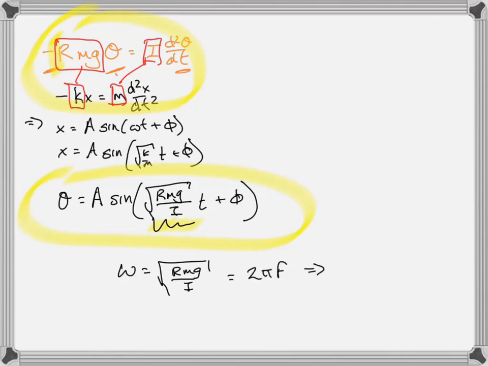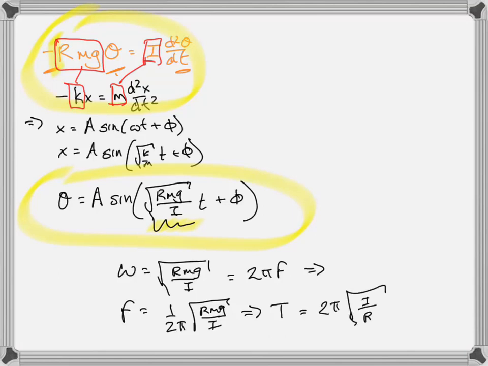So therefore, the frequency is 1 over 2 pi times the square root of RMG over I. And therefore, the period is 2 pi times the square root of I over RMG. So that's the period for the physical pendulum. That's how long it takes to do one complete cycle.